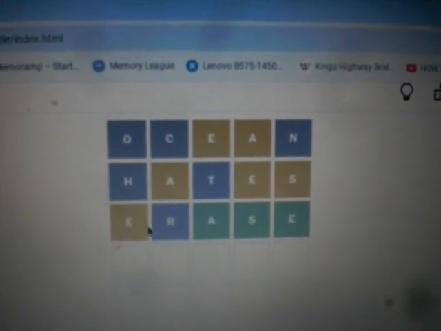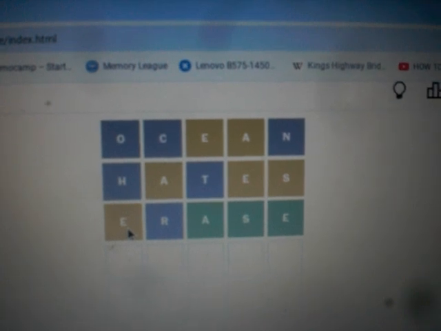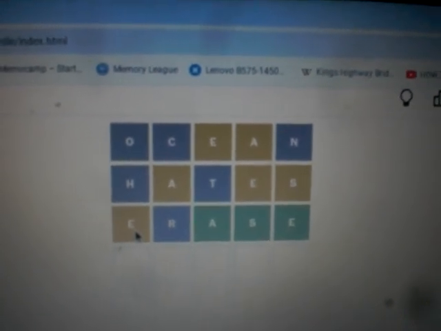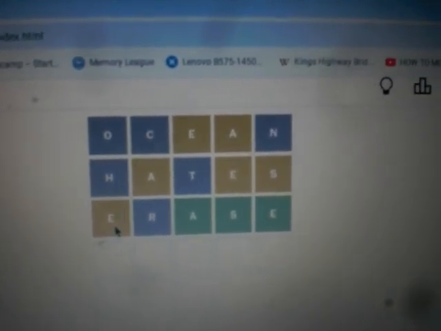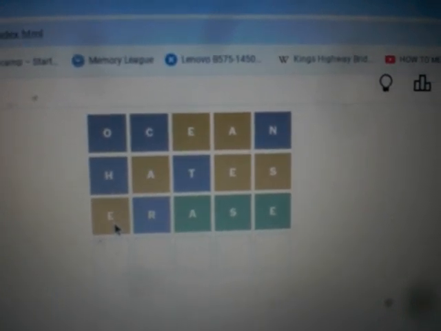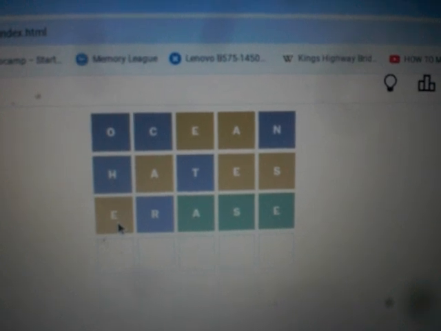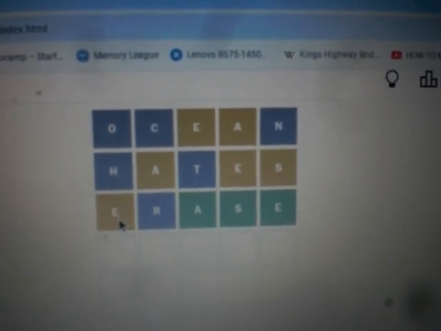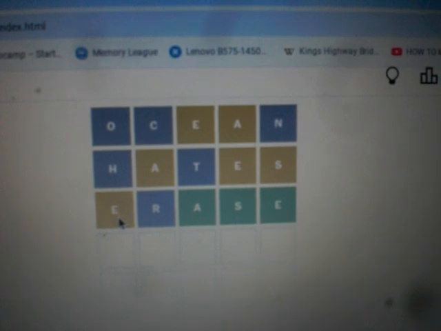But let's go through the whole alphabet. So A, remember the E has to be here. A, B, C, cease, but we can't use the C. D, E, F, G, H, I, J, K, L, lease. M, N, O, P, peace, P-A-S-E. That's a wrong spelling for peace.